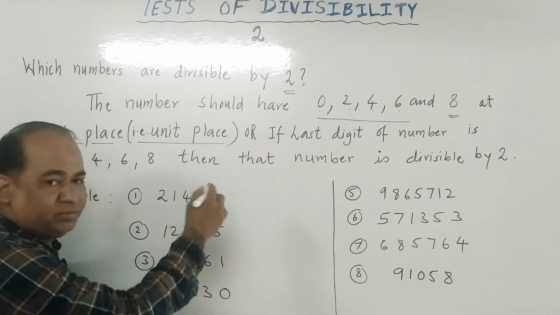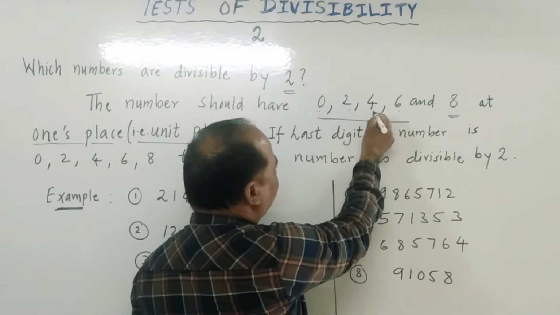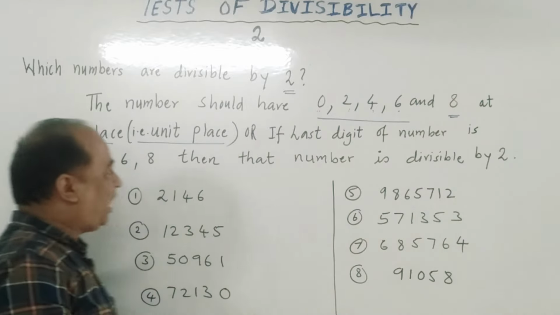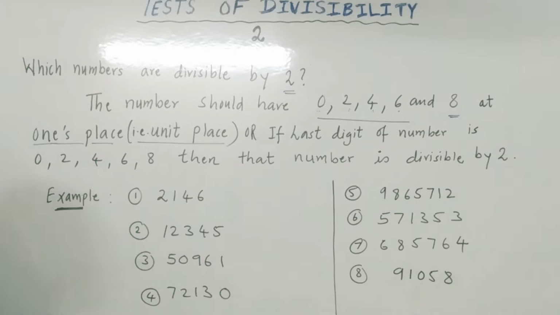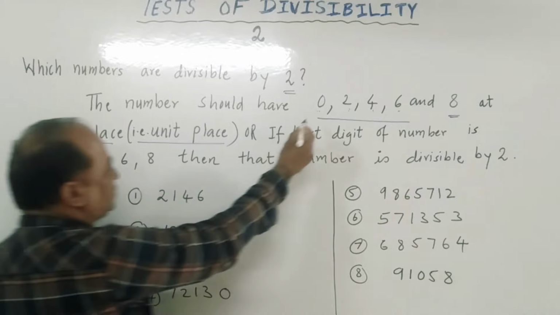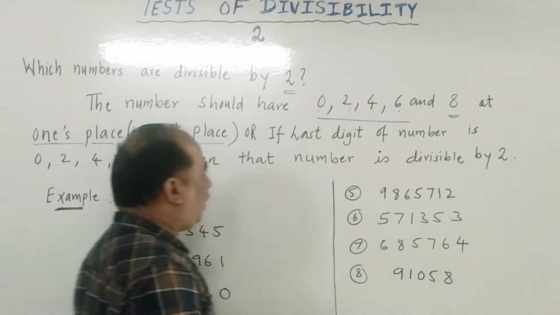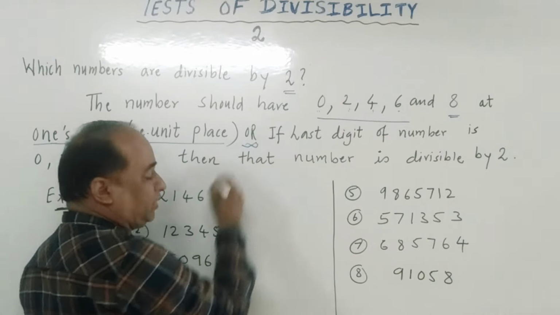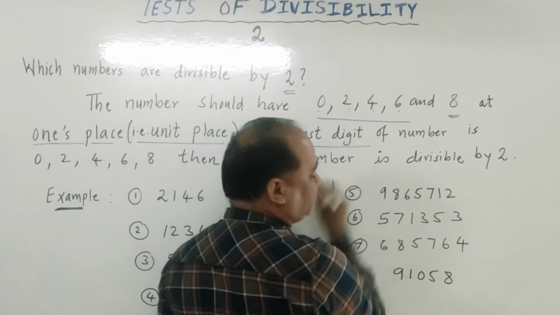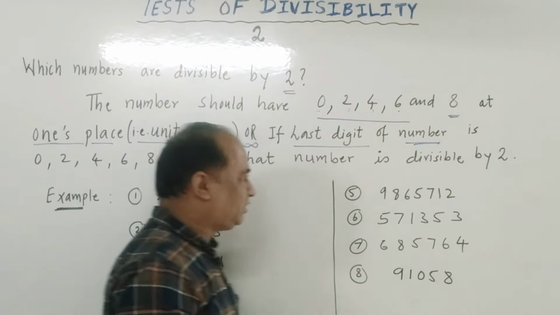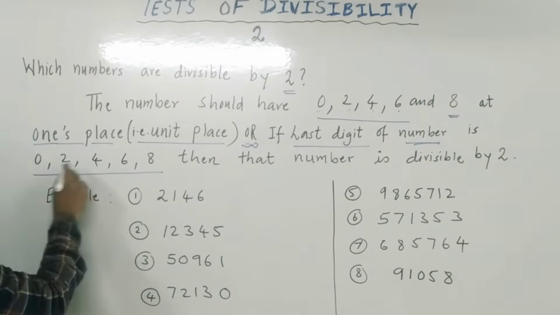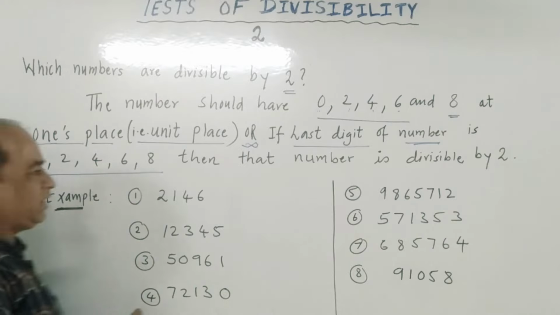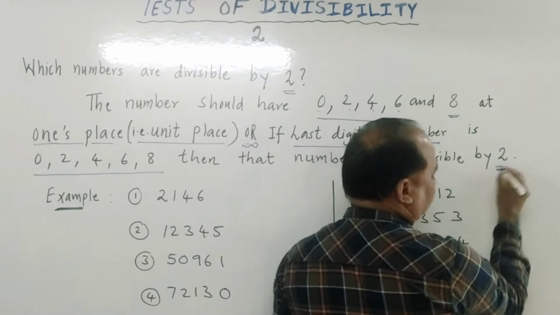So if these even digits 0, 2, 4, 6 and 8 are at the ones place, that is the unit place, of any number, it may be a 4 digit, 5 digit, or 10 digit number, or in other words, if the last digit of any number is 0, 2, 4, 6, 8, then that number is divisible by 2.